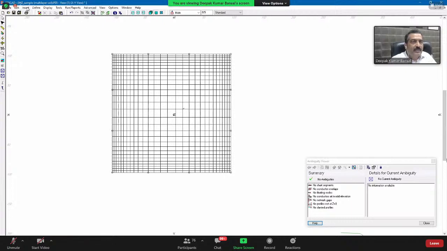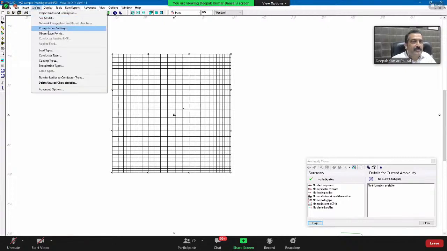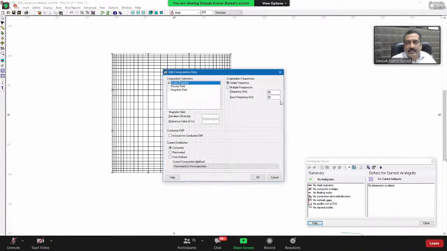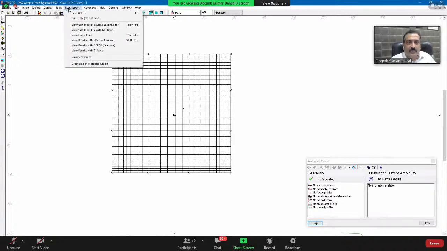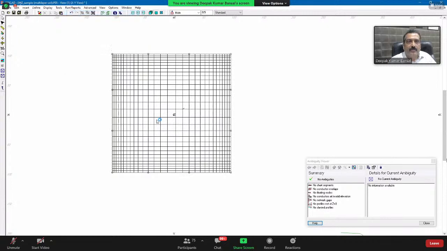So now we have defined the computation settings also. Okay, 50 hertz, it's good. Now I think I should run the software.